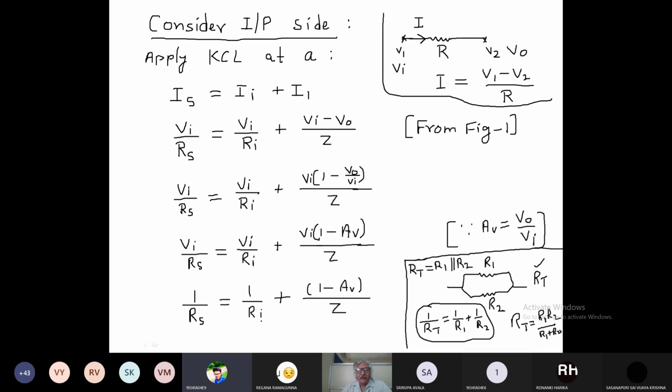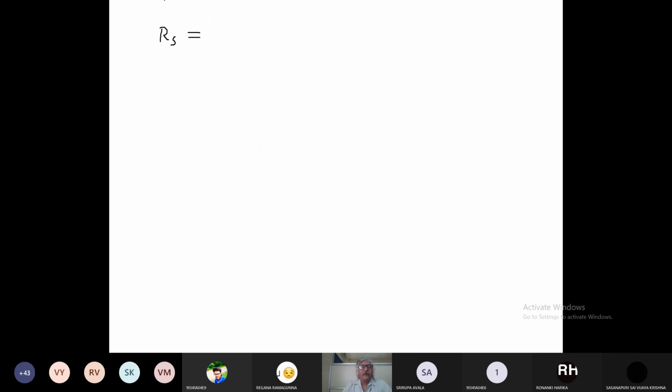One is Ri, in parallel with Z by (1 minus AV).